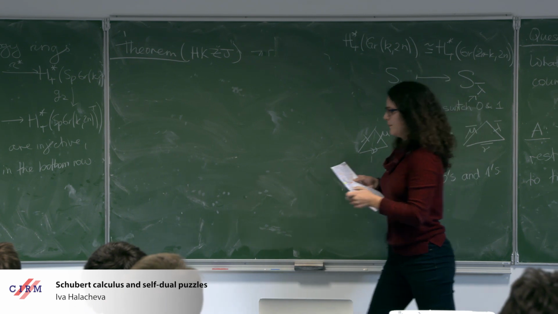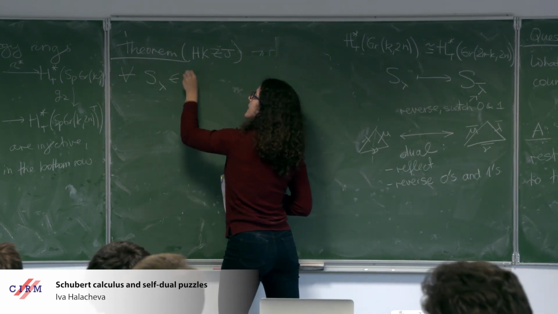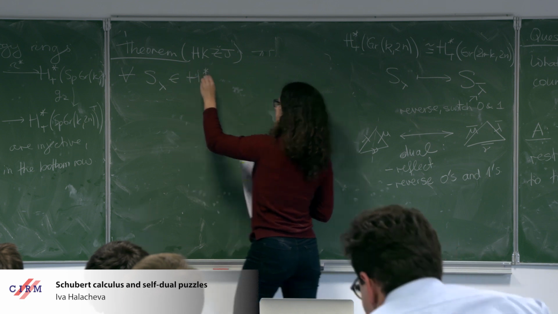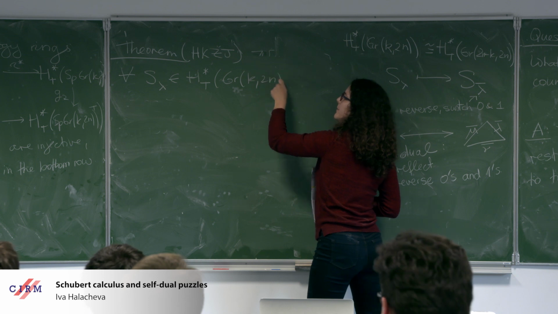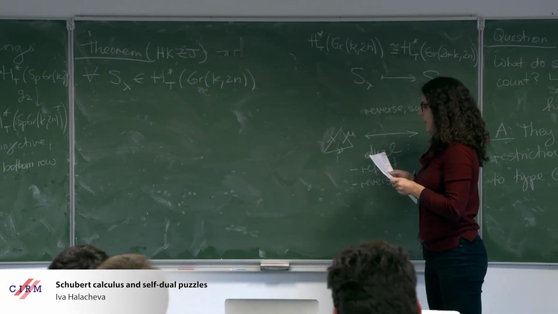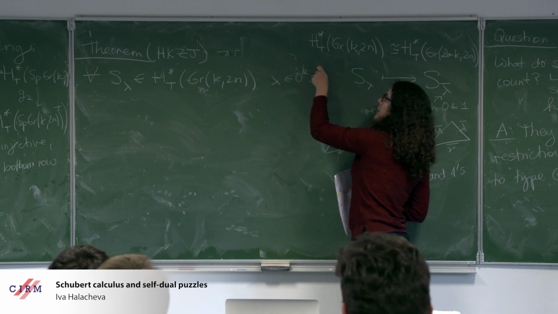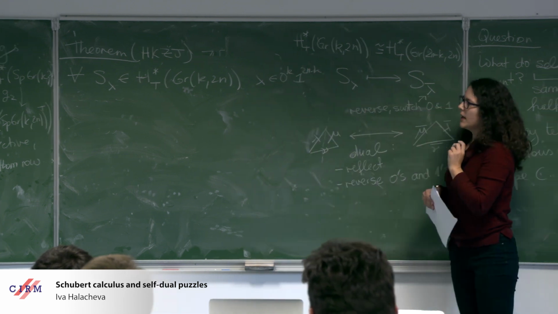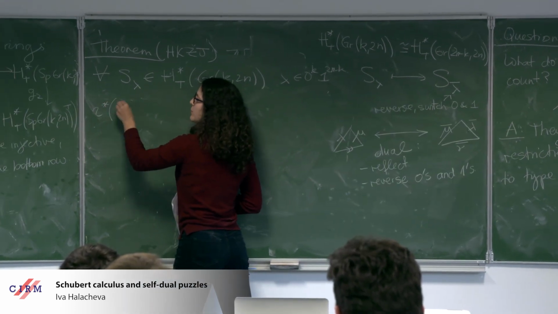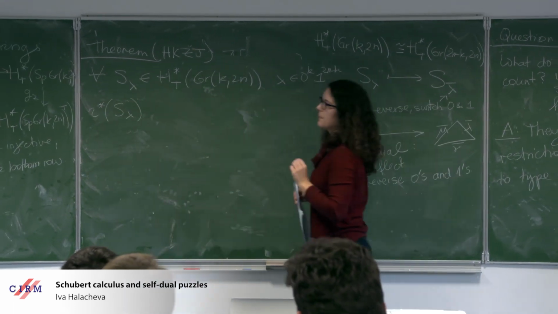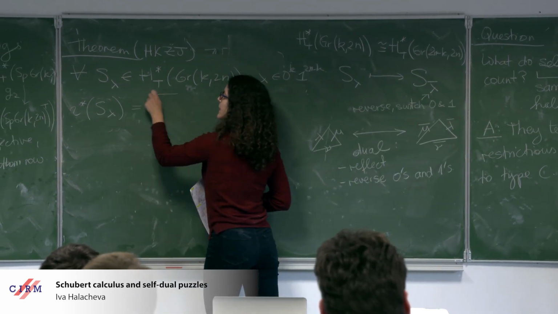For every Schubert class in H star T of the Grassmannian of K-planes in 2n, here lambda is a binary string with this content. If we want to understand what happens when we restrict to the symplectic Grassmannian, then the rule is the following.